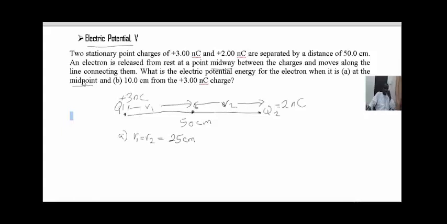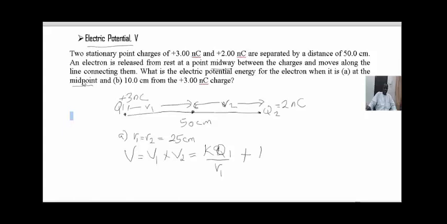Therefore, the total potential at this midpoint is equal to the potential due to charge 1 at the point plus the potential due to charge 2 at the point. The potential due to charge 1 is a constant K times charge 1 over the distance of charge 1 from the point.